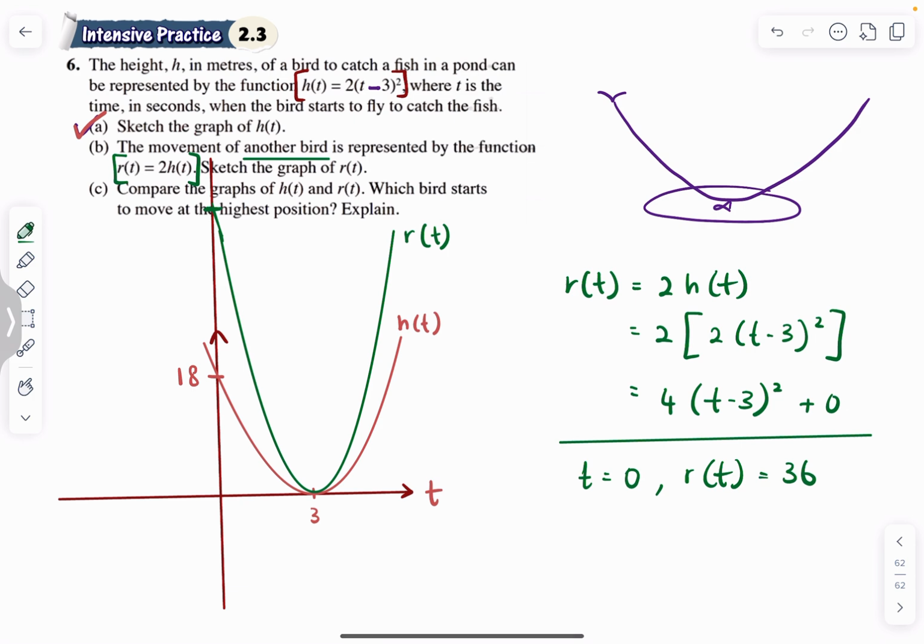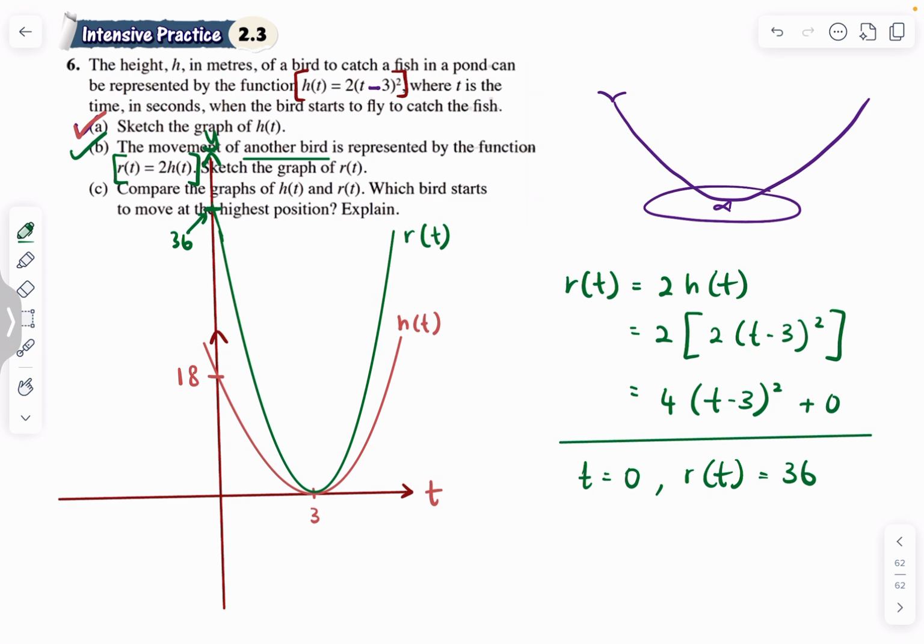Therefore, this value up here is 36. Okay, this will be our y-axis. Right, done. So for the graph, you just have to remember to draw a thinner graph compared to the earlier thicker graph. Because when a becomes bigger, the graph will become thinner and thinner. Right. So this is B.